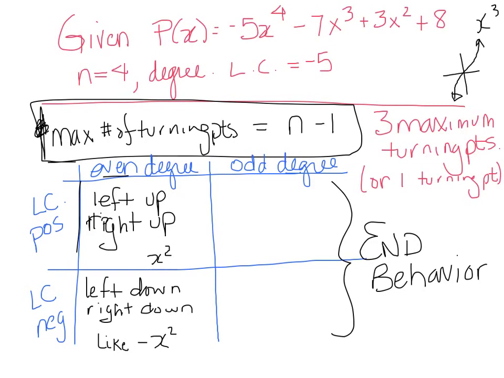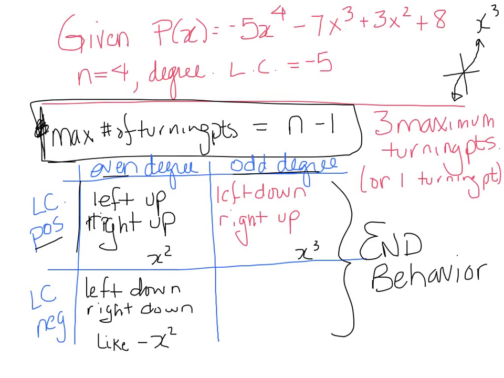Any odd degree with a leading coefficient that is positive is going to be anything like x cubed. That certainly fits the requirements. So they'll all have the same end behavior, and that is simply the left is down while the right is up. If you can remember what x cubed looks like, you can come up with this end behavior.